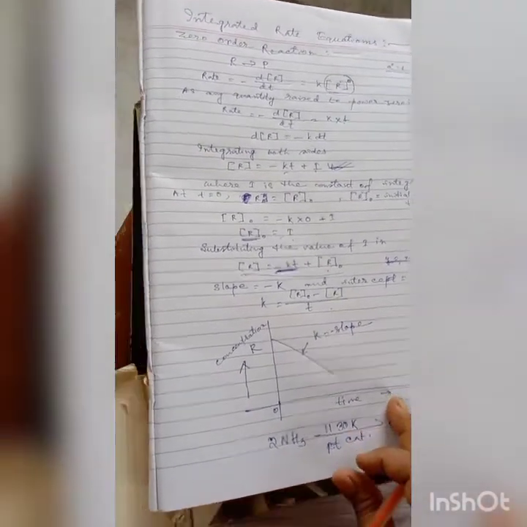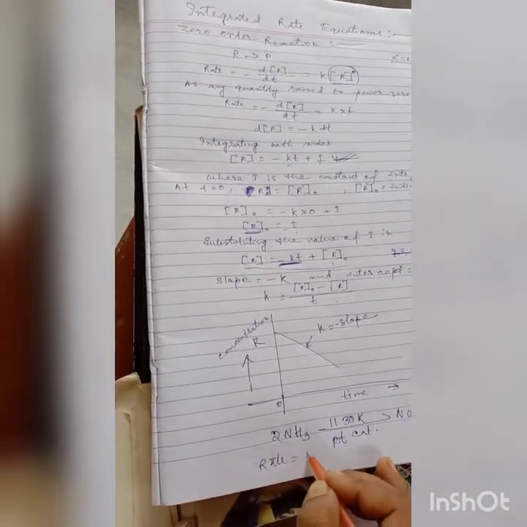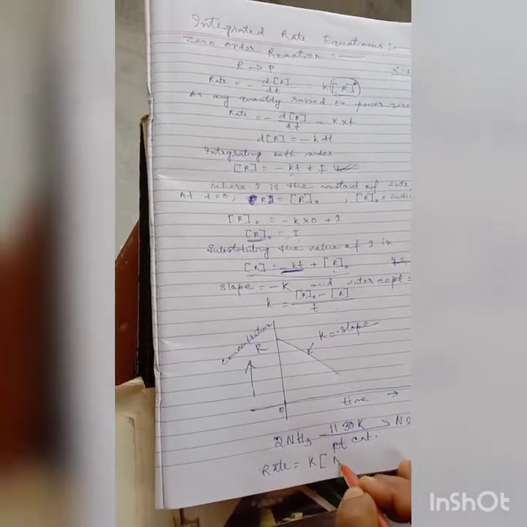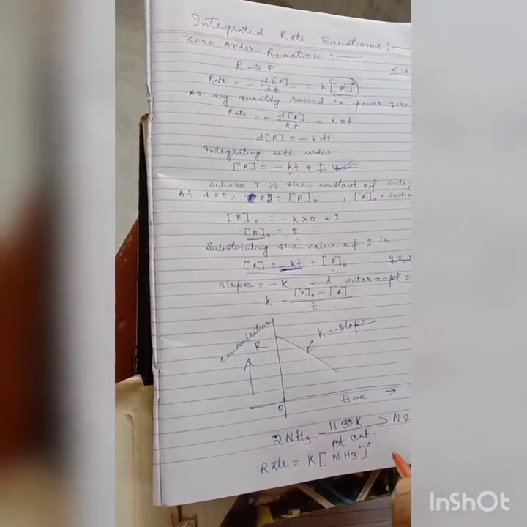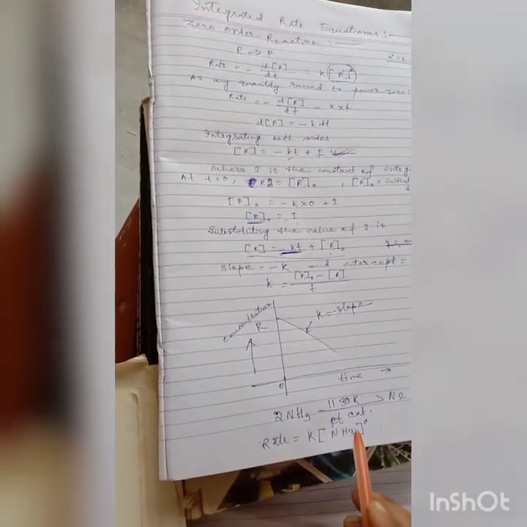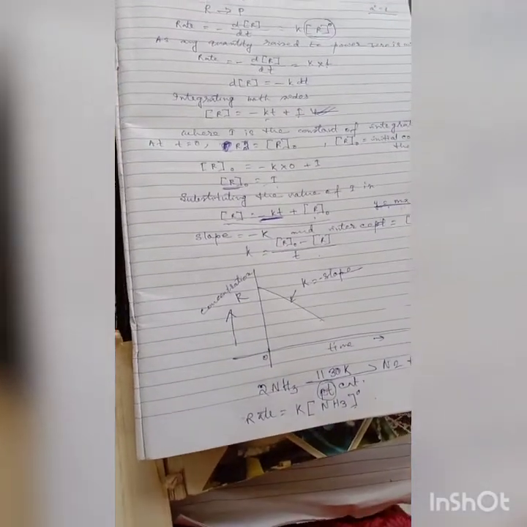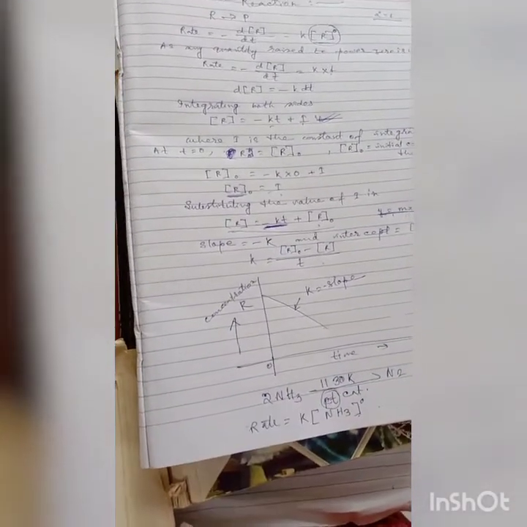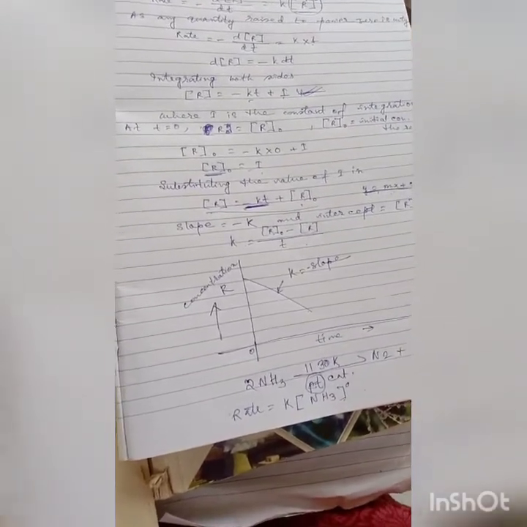The rate equation will be rate equals k [NH3]^0. In this reaction, platinum acts as a catalyst. At high pressure, the metal surface gets saturated with the gas molecules.